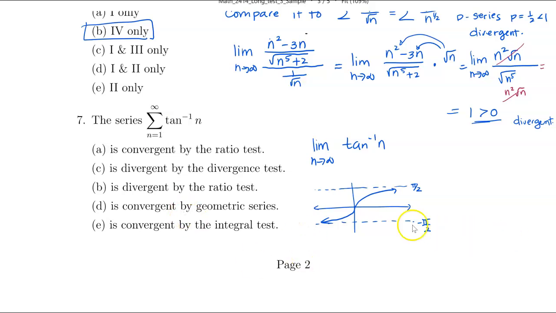Okay, so this approaches pi over 2 as n approaches infinity, and approaches negative pi over 2 as n approaches negative infinity. So by the divergence test, this is pi over 2, correct? That is greater than 0. So that means it's divergent using the divergence test. So the answer is letter C, the second choice here.